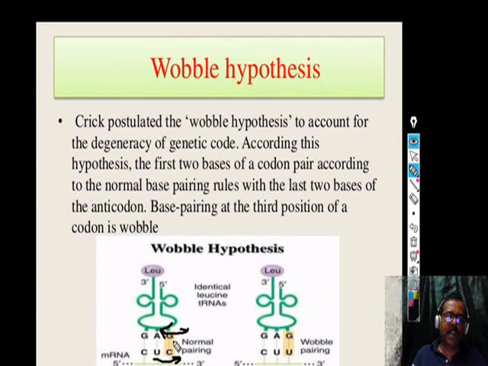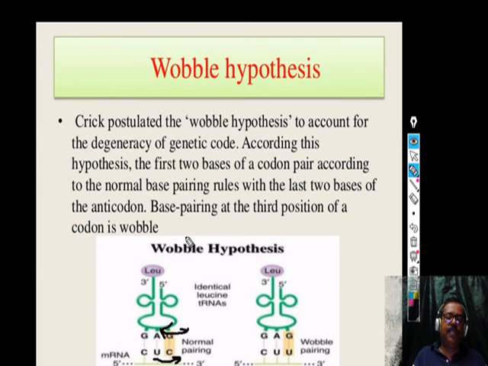The first base of the anticodon would be G, and the first base of the codon is C. So here you can see that the base pairing of the first two bases of the codon and the last two bases of the anticodon is as usual, normal base pairing.